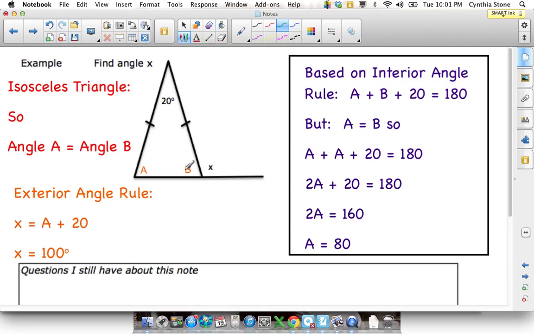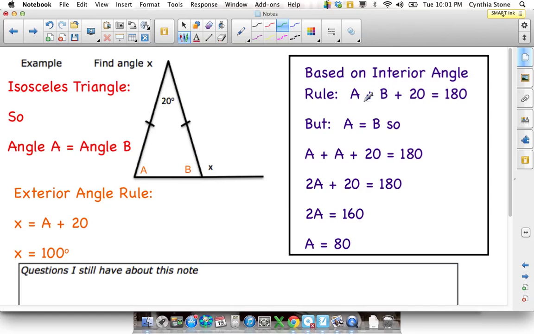So if I want to find angle X, well, if I use the exterior angle rule, I need to know A. I know 20 already, but I need to know A to do that. And here's how you do that. Based on the interior angle rule, we know that these three angles have to add up to 180.